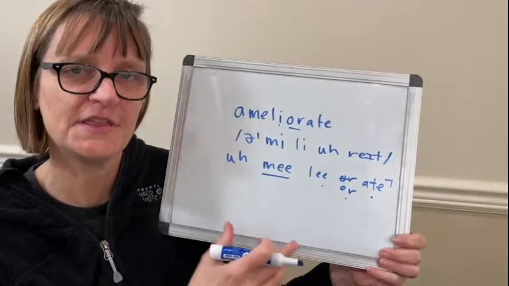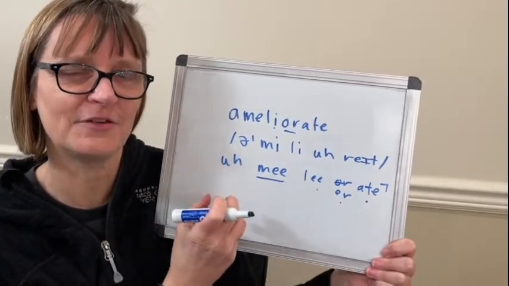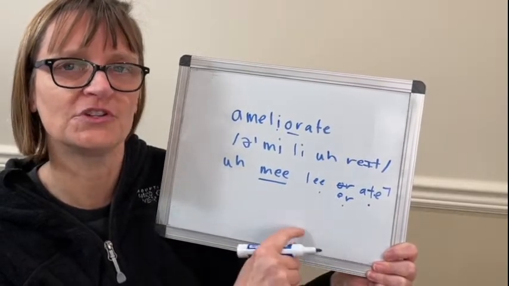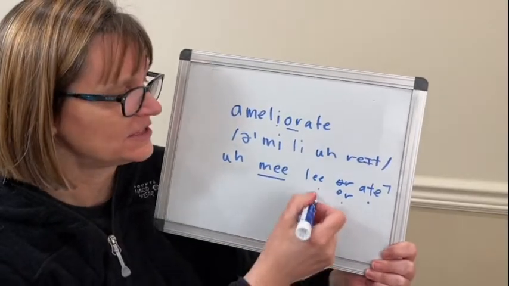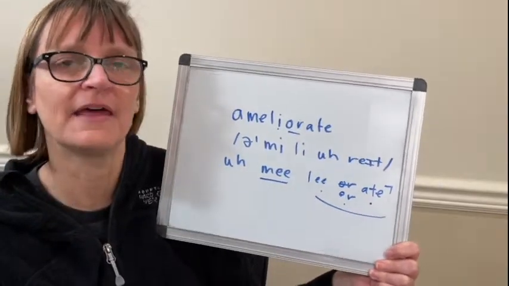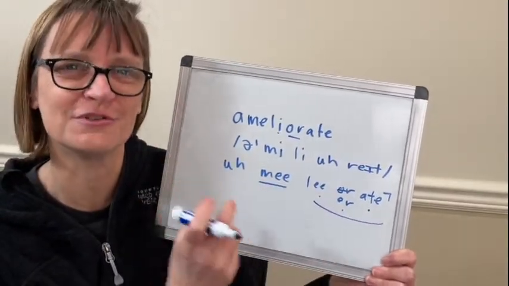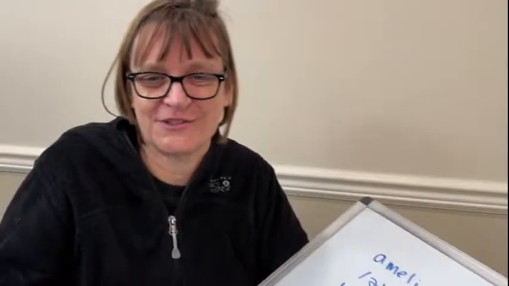Another strategy that you might find helpful is just to do those unstressed syllables and then add the rest. So trying meliorate, or just liorate, ameliorate. Because this part has to go by very quickly, and that makes it challenging because it has the L's and the R's and those clear and reduced vowels all in together. Great word. Thank you for that request.